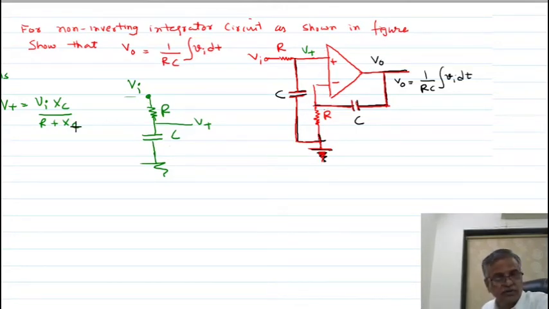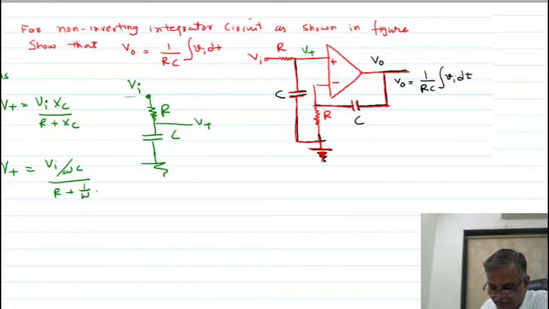So V plus is obtained like this. Or if you want to write in detail, you can write Vi into 1 upon omega C, upon R plus 1 upon omega C. So Vi upon 1 plus R omega C.